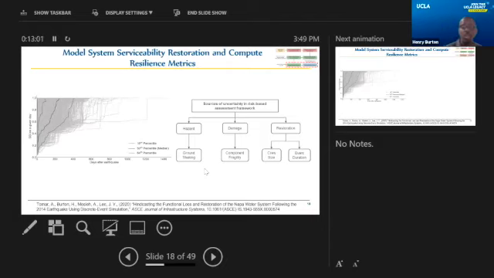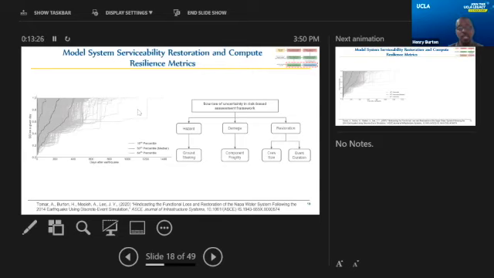The fragility functions allow us to account for the uncertainty in the physical damage. We're also considering the uncertainty in various restoration parameters, namely the crew size as well as the event duration. By event duration, I mean the time it takes to perform repairs, the time it takes to do inspections, and things like that.